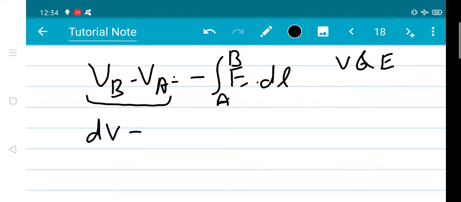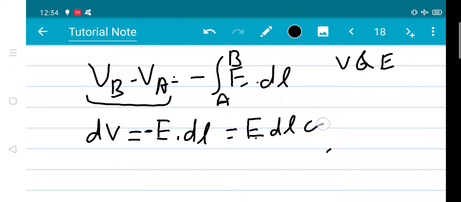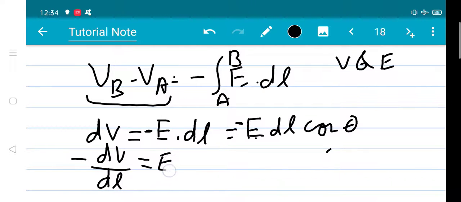So dV will be equal to minus E dot dl, or minus E dl cos theta. Rearranging, we can say that dV by dl equals minus E cos theta.